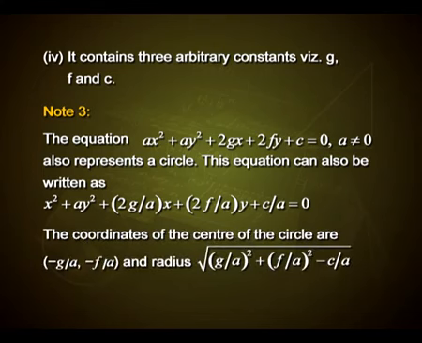The coordinates of the center of the circle are minus g upon a and minus f upon a, and radius is equal to square root of g upon a whole square plus f upon a whole square minus c upon a. While solving problems it is advisable to keep the coefficient of x square and y square as unity.